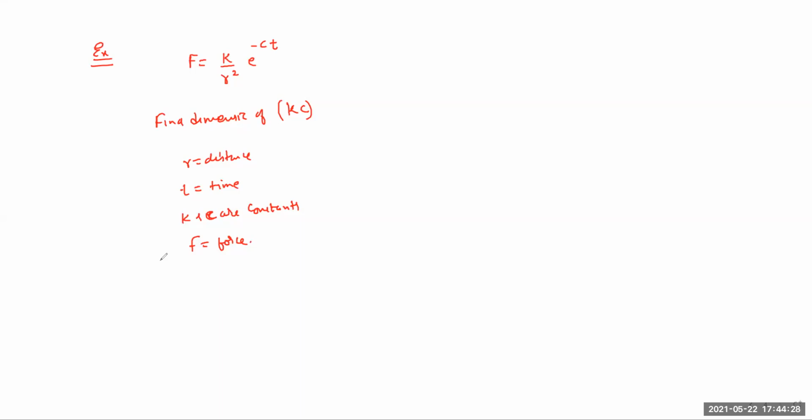We are only looking for dimension, not the sign. Sir, ML3 T minus 3. Just a minute, once again. M L3 T minus 3. Sir, I also got the same thing. Okay, very good. So I think that should be the right answer.